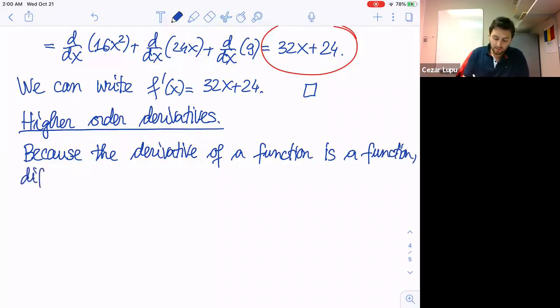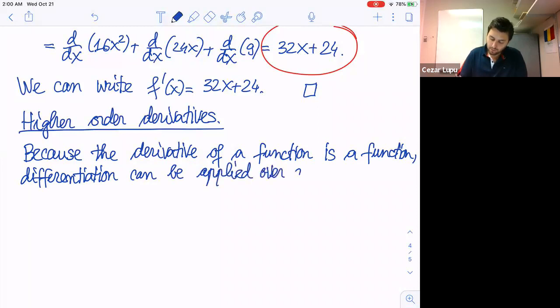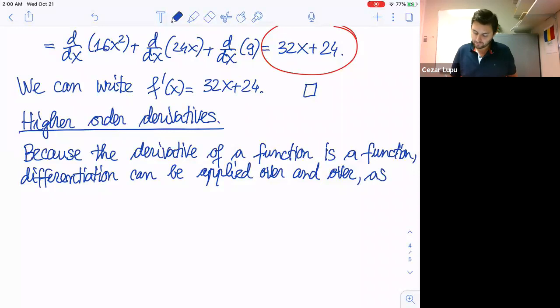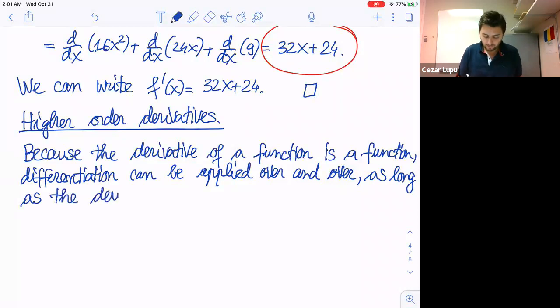The differentiation can be applied over and over, as long as the derivative itself is a differentiable function.